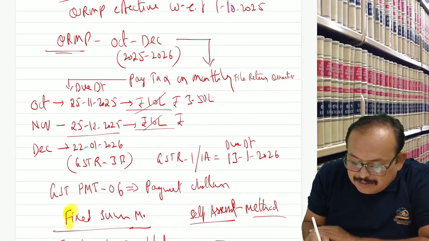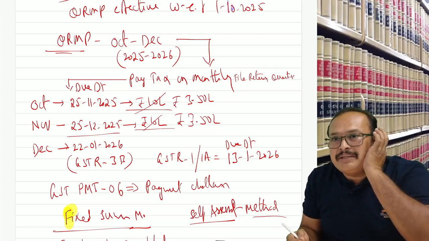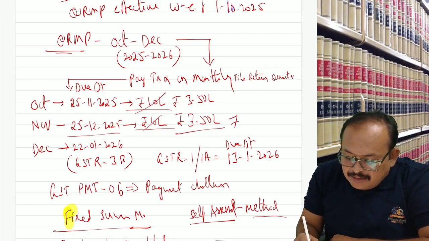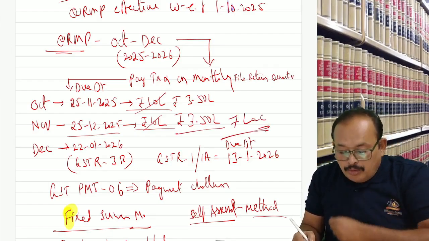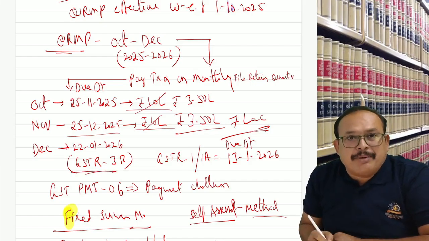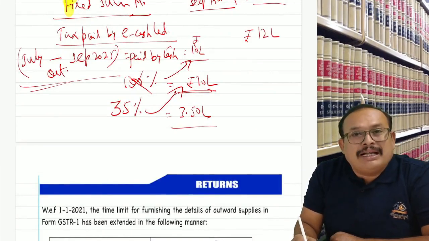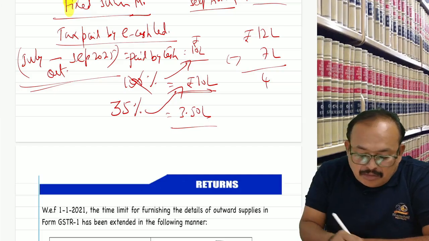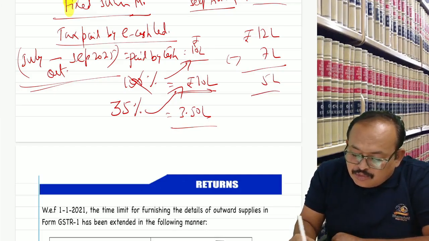Get my point, sir? First 2 months, you paid 7 lakhs. Now, for the quarter GST 3B, your liability came to 12 lakhs. You already paid 7 lakhs. Balance 5 lakhs only you pay now.